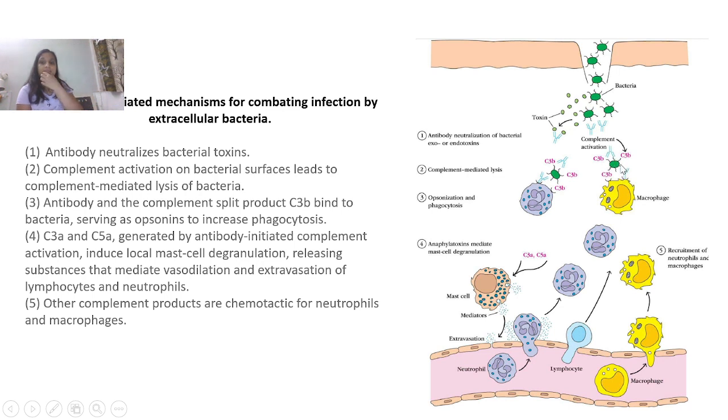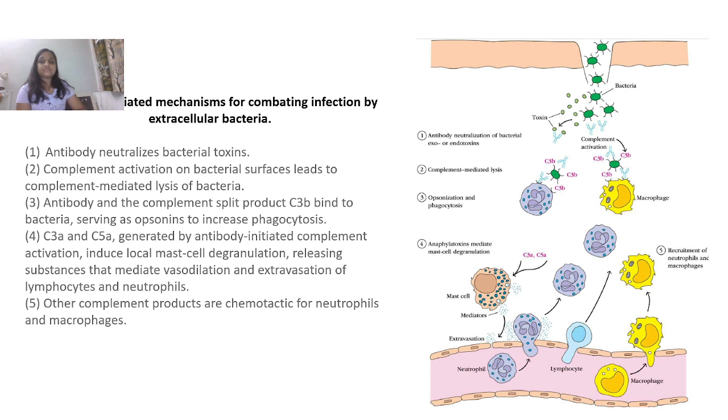A macrophage is there, which has both the Fc receptor for binding of the antibody, as well as the C3b receptor, which is binding, and this is forming a complex, and then there is complement mediated lysis.